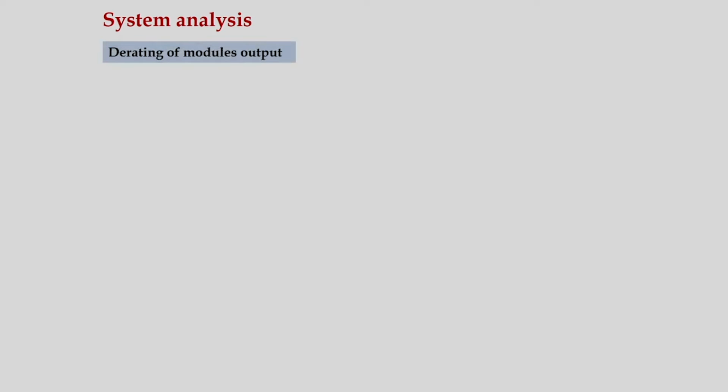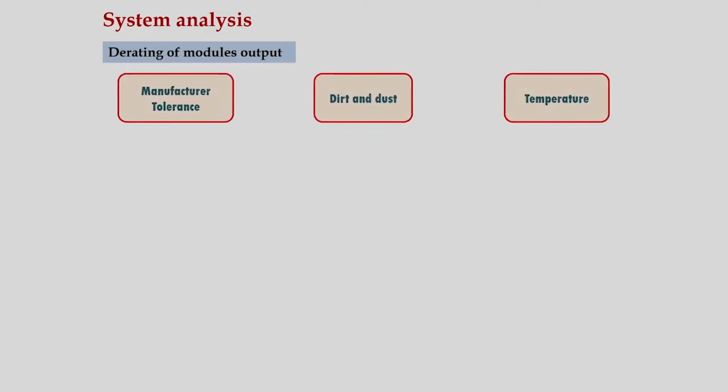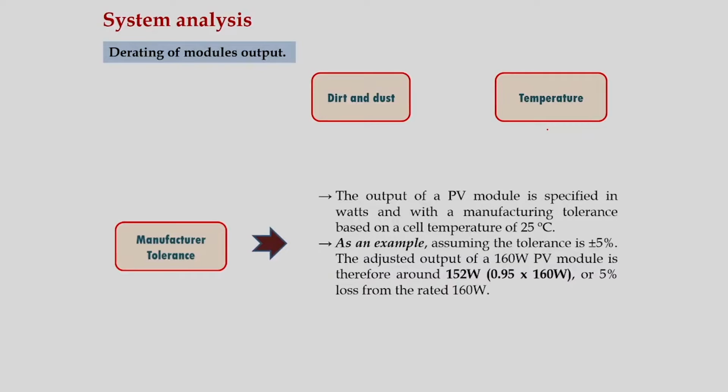So, derating of module output we will consider here. Three primary derating factors are manufacturer tolerance, dirt and dust, and temperature. We will discuss one by one with a worked example. When we talk about manufacturer tolerance, when a module is manufactured, it has some kind of tolerances.